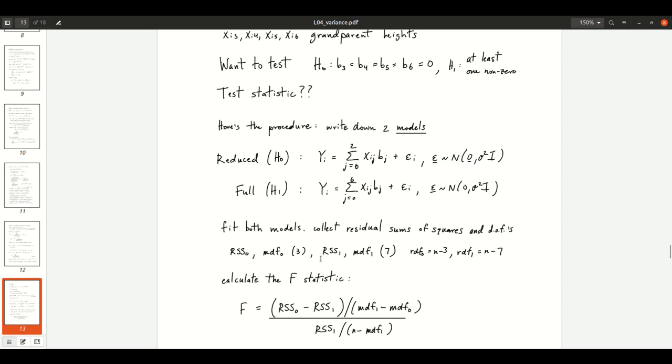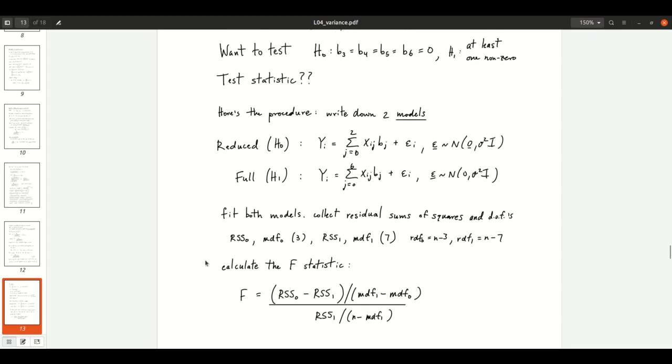And then we need the same quantities from the full model. We'll call them residual sum of squares 1 and model degrees of freedom 1. In this case, that's 7. Again, assuming there's nothing weird going on with the design matrix, it should have rank 7. Then from this information, we can calculate residual degrees of freedom for both models. But we're going to write the statistic in terms of model degrees of freedom.